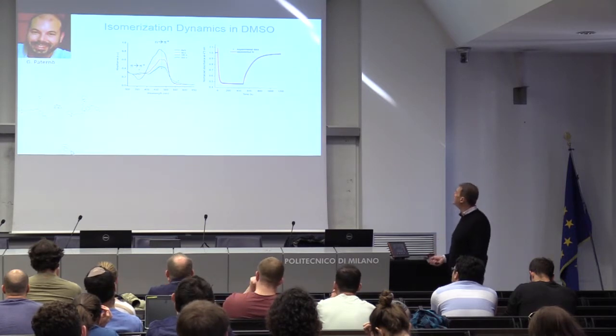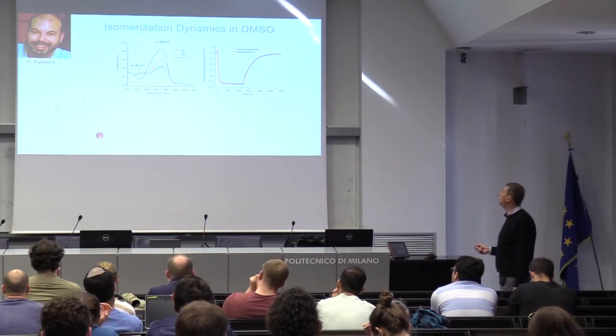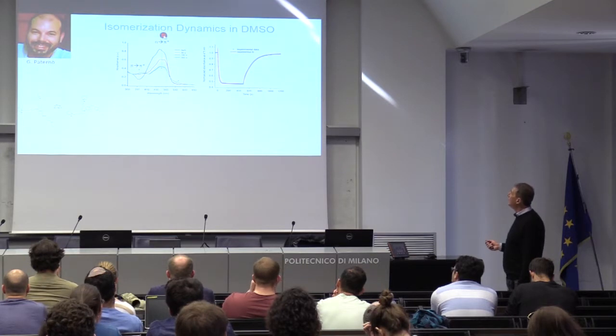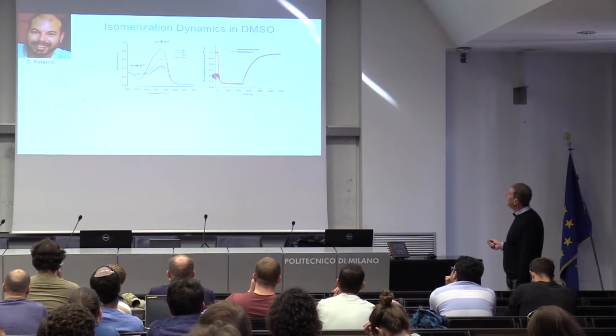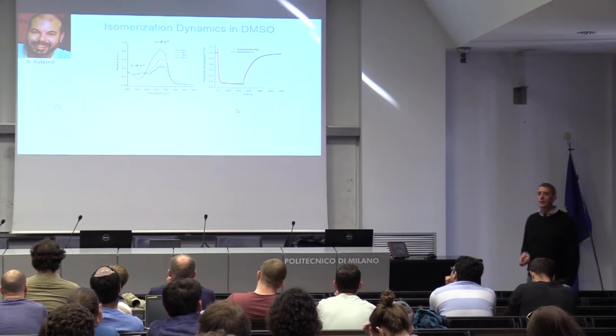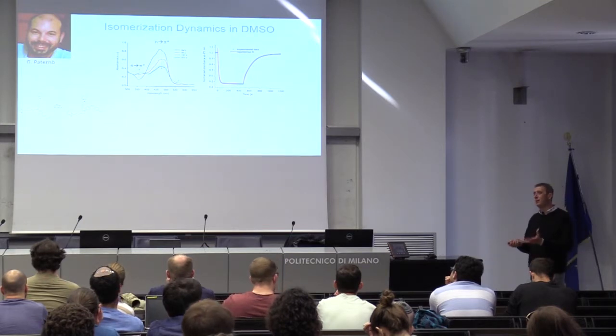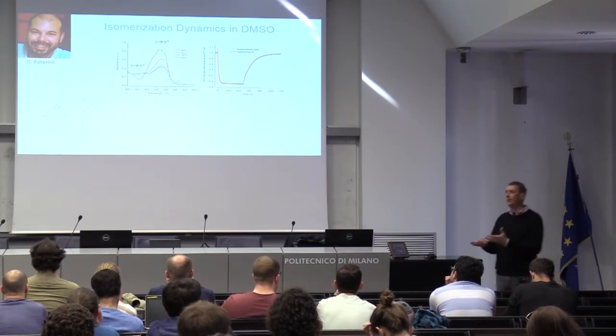You see the spectrum on the top, the absorption spectrum is changing. When you shine light, the trans population goes away and the cis is formed. The cis absorbs here and here, with a much smaller cross-section than the trans here. You see the population dynamics here is pretty slow. It takes seconds to generate a measurable population of cis isomer.